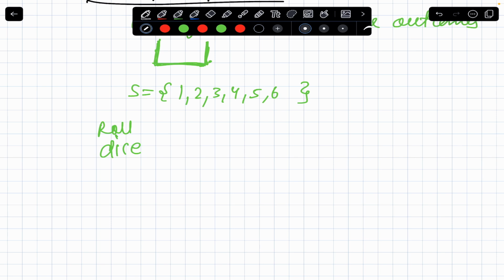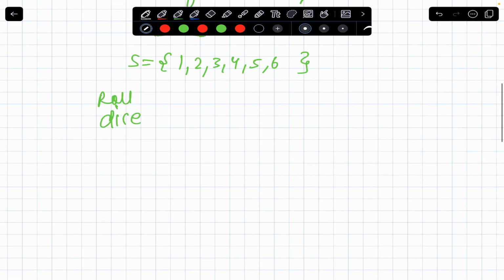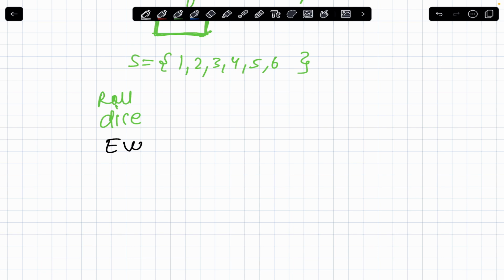Now we have another thing which we call an event. An event is a subset of the sample space. We denote the sample space with S. So it is the subset of the sample space which has a possible outcome from the sample space.